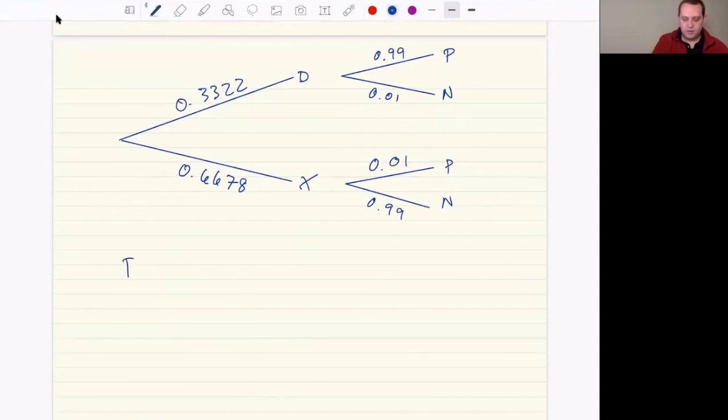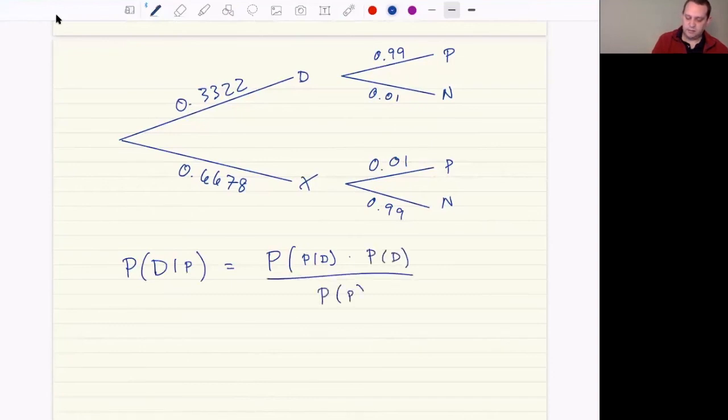And so now the probability that we have the disease, given that we have a positive test, is going to be the same as before. It's going to be the probability of P given D times the probability of D divided by the probability of P. And so what's changed now is the probability of D and X. So P given D, that probability is still 0.99.